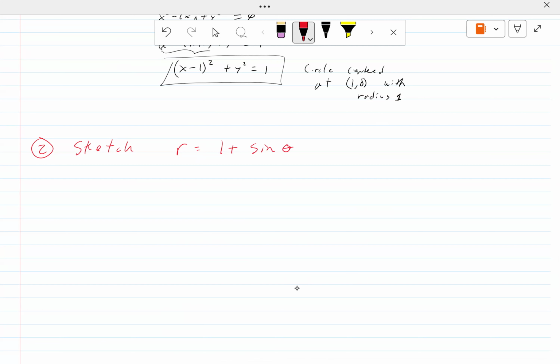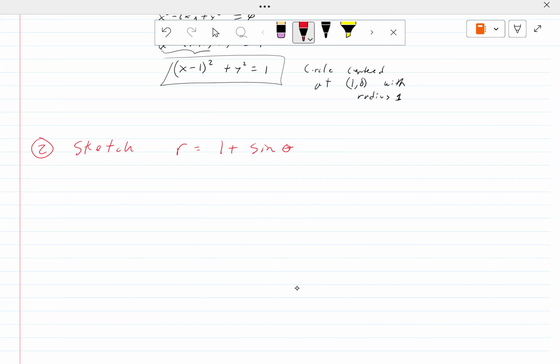Now, it may not be completely evident. You have to have a lot of points to make this thing look like what it is, and it may not even be completely evident when you sketch it exactly what it looks like.